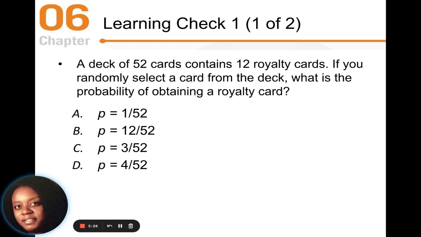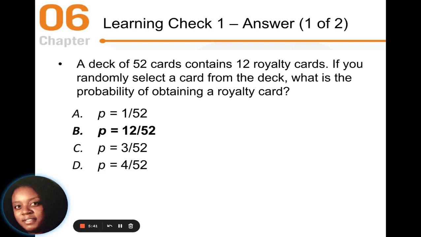So how do we figure out how likely it is that we'll pull one of the 12 royalty cards? Take a few moments and think of the correct answer. And hopefully everyone said B, 12 out of 52. Because there are 12 royalty cards, you have a 12 out of 52 chance of pulling one of them.